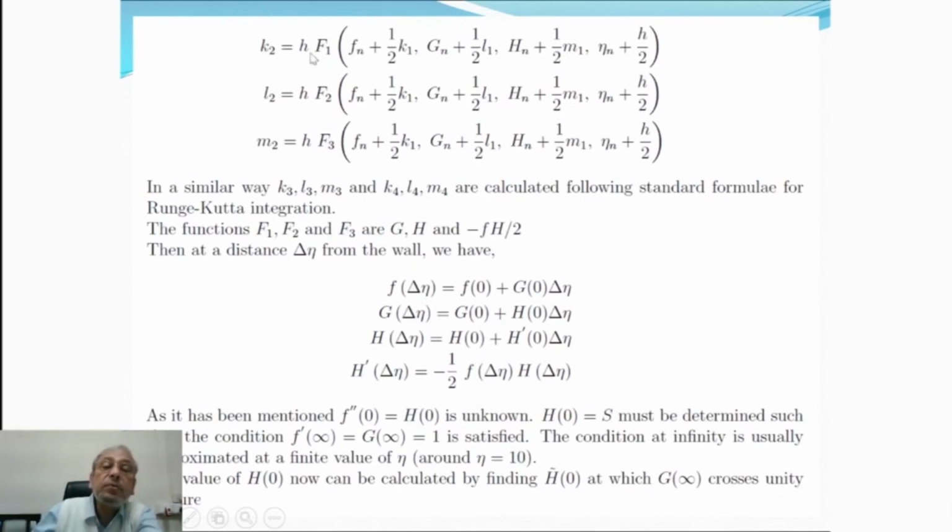Similarly, for K2, we can find out, with h the interval, into the function where fn is incremented by fn plus k1 by 2, gn is gn plus l1 by 2, hn is hn plus m1 by 2, and eta is eta plus h by 2.